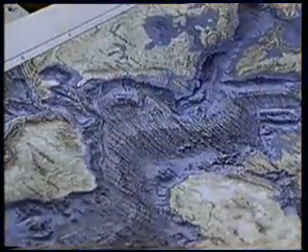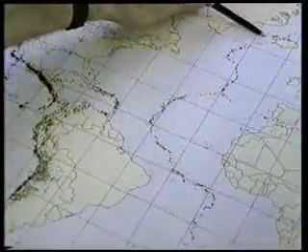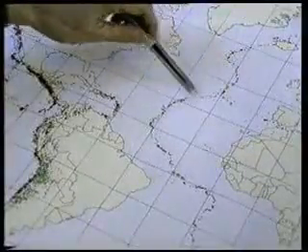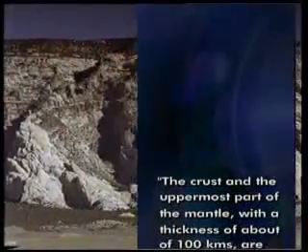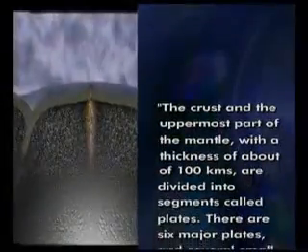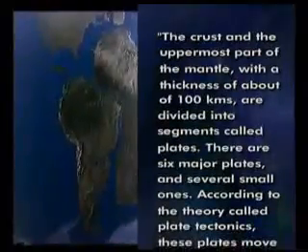Discovered as a result of the geological research carried out at the beginning of the 20th century, this movement of the Earth's crust is explained by scientists as follows. The crust and the uppermost part of the mantle, with a thickness of about 100 kilometers, are divided into segments called plates. There are 6 major plates and several small ones.